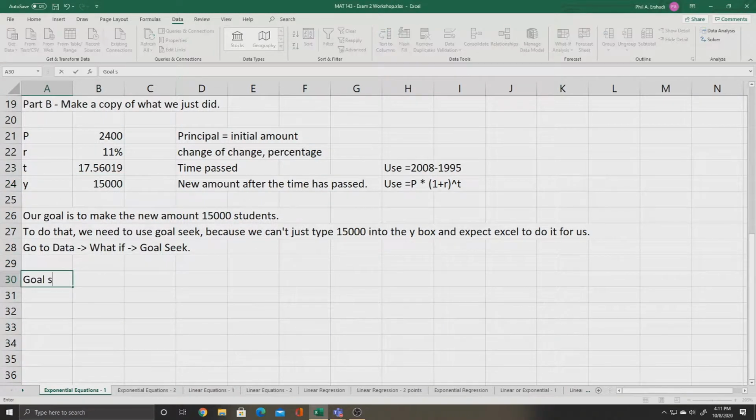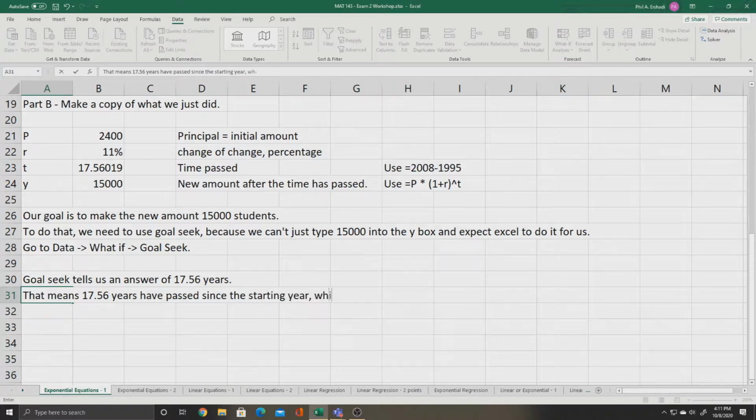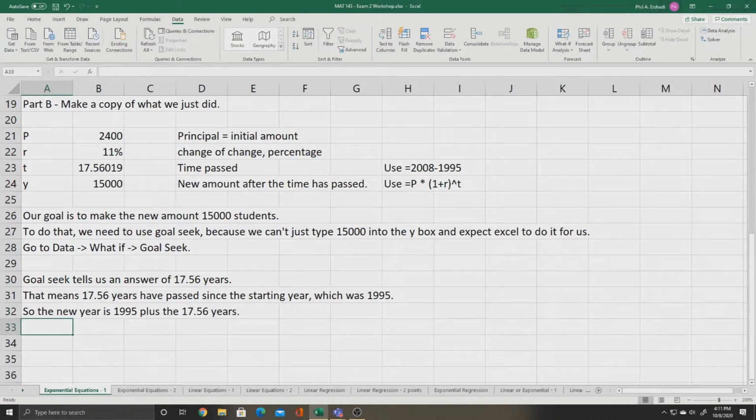So goal seek tells us an answer of 17.56 years. That means 17.56 years have passed since the starting year, which was 1995. So the new year is 1995 plus the 17.56 years.